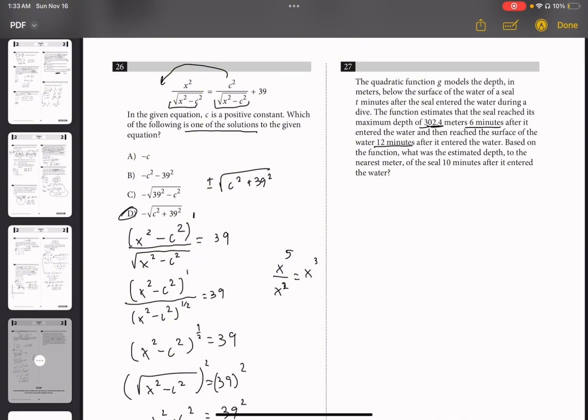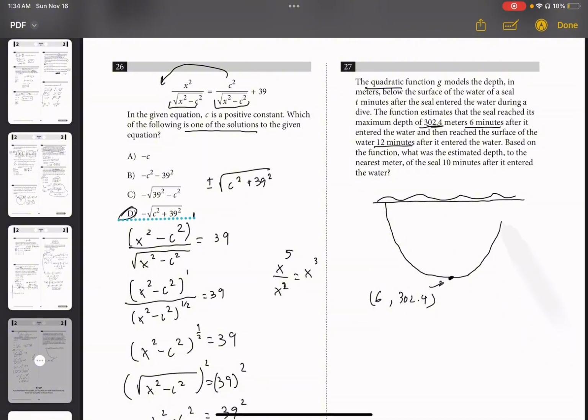Okay, so how I'm visualizing this is a parabola. You have a quadratic function, so visualize the surface as just a straight plane. We are starting from the surface, reaching our minimum height, or maximum depth, I should say, of 302.4, and that occurs at 6 minutes.